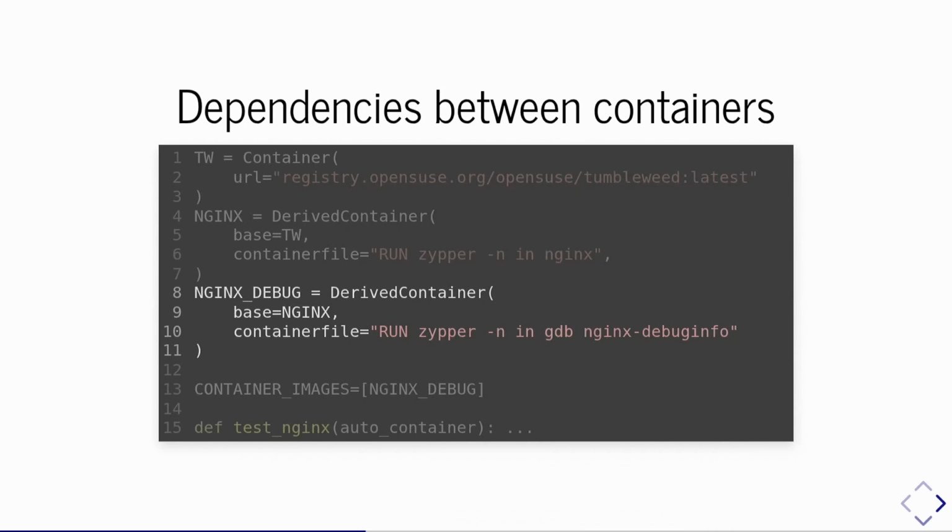And if you plug that into pytest container, then you'll see that it will first pull the Tumbleweed container, then it will pull the Nginx container, build it, then it will build the Nginx debug container, and then it will launch your tests and then destroy everything. And don't do circular dependencies, that will break for sure. That's not something that should work, so don't try that. But otherwise, you can have as deeply nested dependencies as you are motivated or as you have time to wait for them.